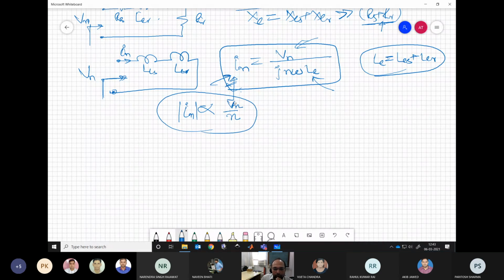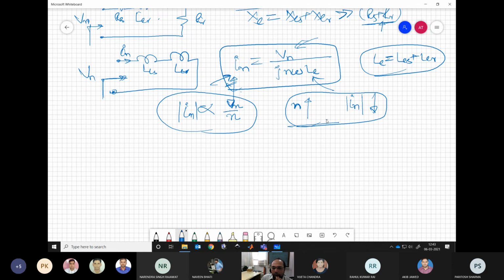It is proportional to the magnitude of that particular harmonic divided by its order. So if the order is increasing, then In tends to reduce, given we are injecting the same amplitude of all the harmonics.